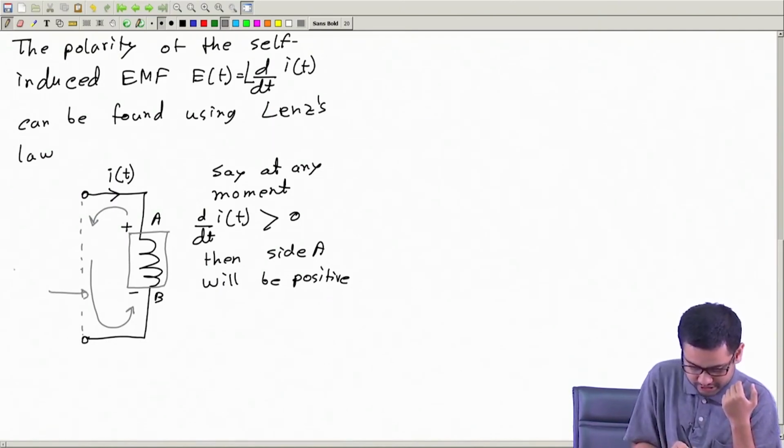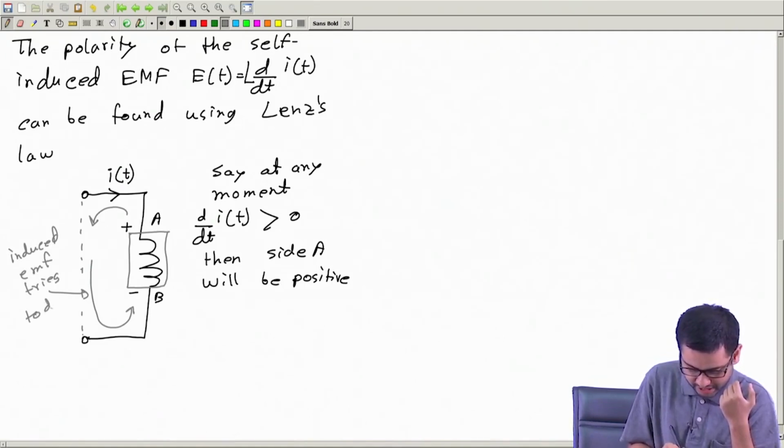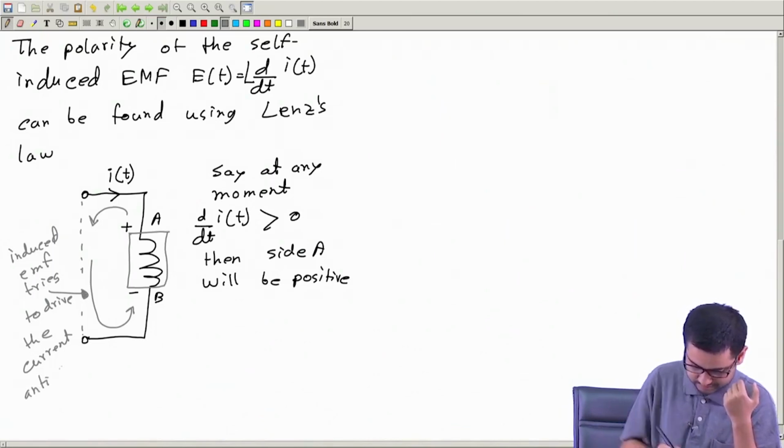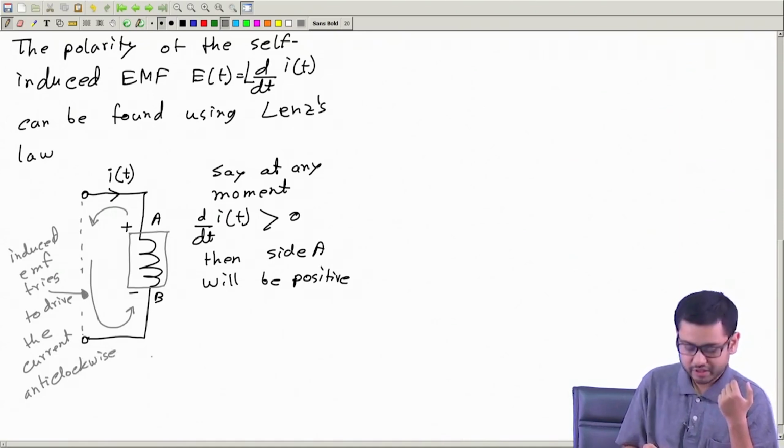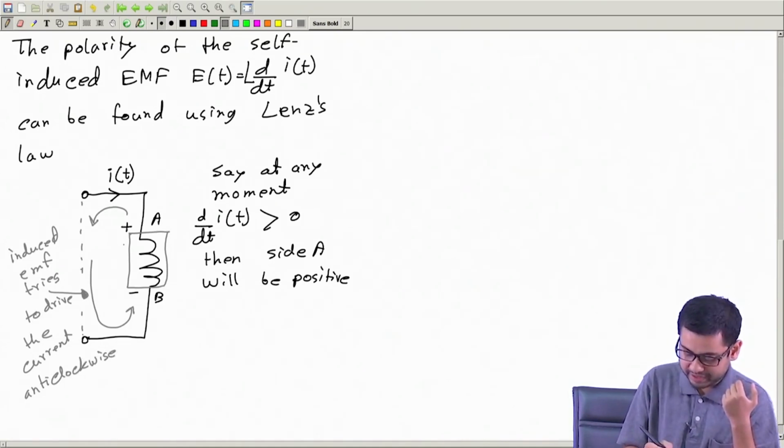So the induced EMF tries to drive the current in this direction, in this anti-clockwise direction, current anti-clockwise in this diagram. Now what happens?